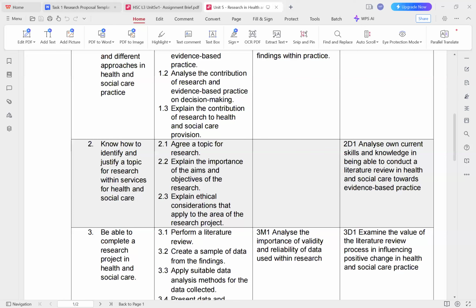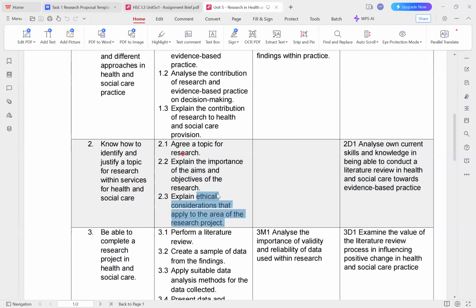So here you would identify a research topic, and explain the importance of the aims and objectives of the research, and explain the ethical considerations that apply to the area of your research. So what you have to do here is basically tell me what topic you want to work on.